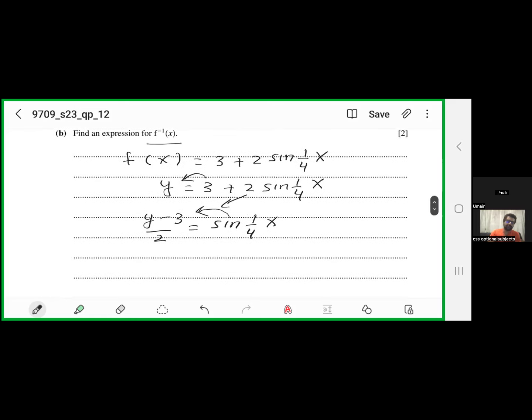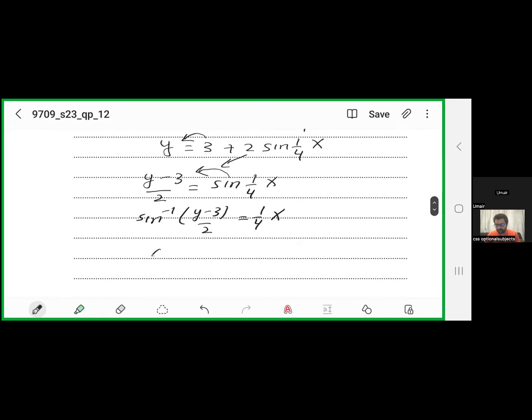When sine is shifted to the other side of the equation, it becomes sine inverse. So sine inverse of y minus 3 by 2 is equal to 1 by 4x. Now move 4 over there, so x will be equal to 4 sine inverse of y minus 3 by 2.